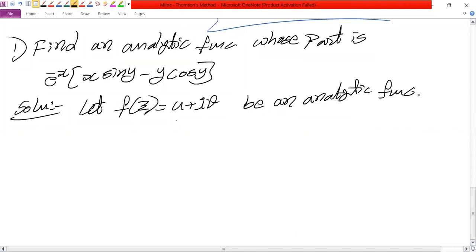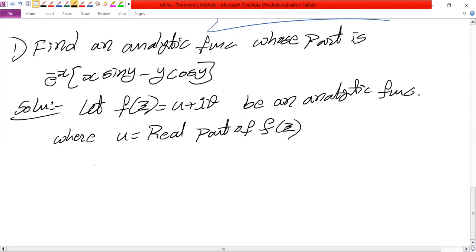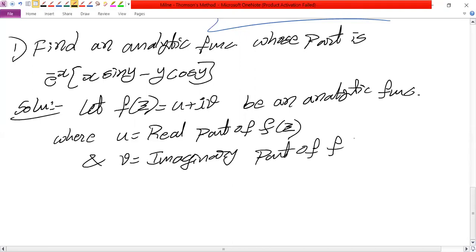What is v here? Imaginary part of f of z.